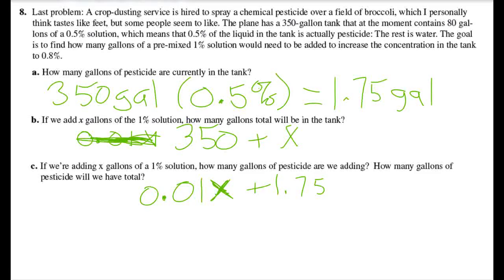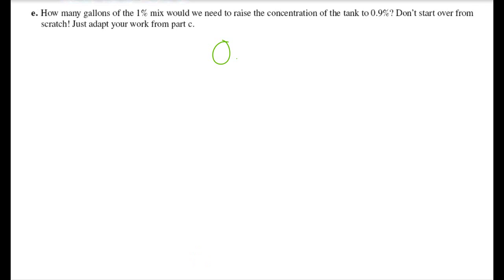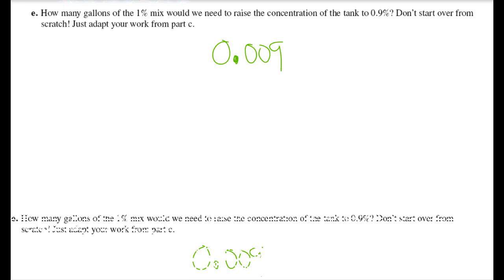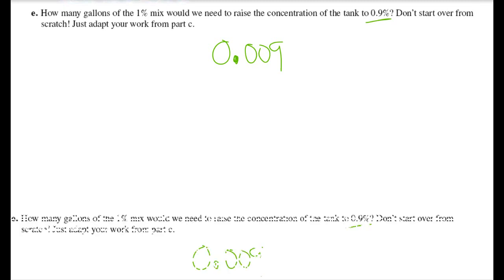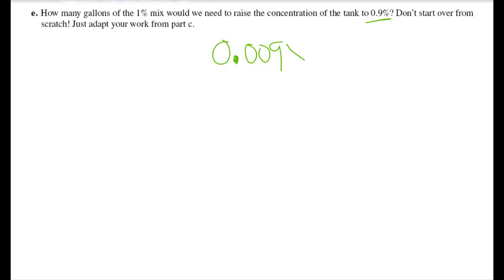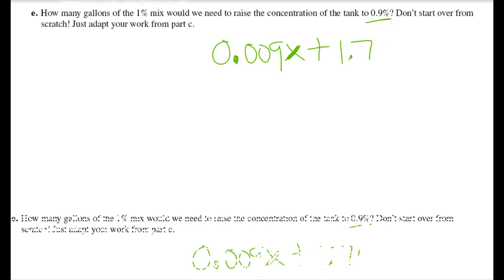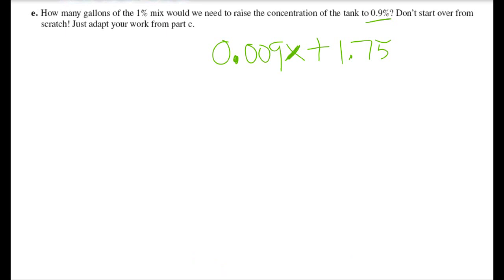So we can write that expression instead of 0.01, I can now say 0.009 because I've changed this from a percent, 0.9%. I've divided by 100. Multiply that times the number of gallons added.